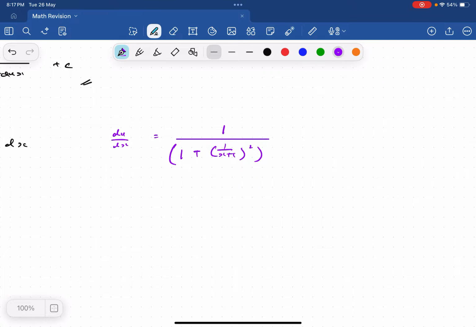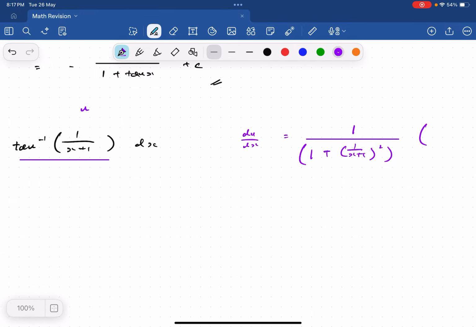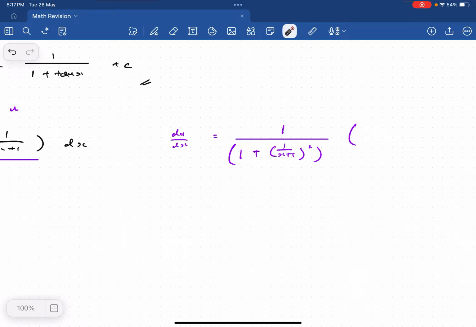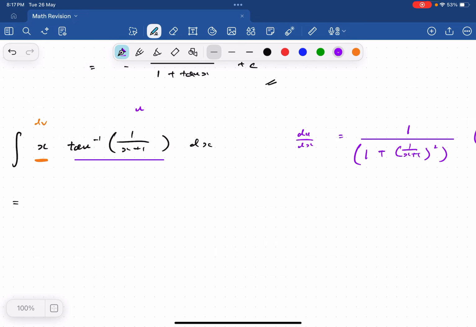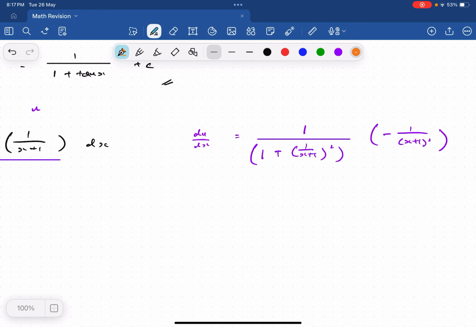Then I chain rule it, so I still need to multiply by the derivative of 1 over x plus 1. We did this earlier in number 16. The derivative of 1 over x plus 1 is as follows. And v prime or dv is x, so v is x squared over 2.